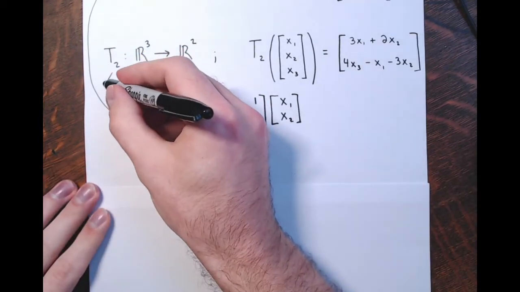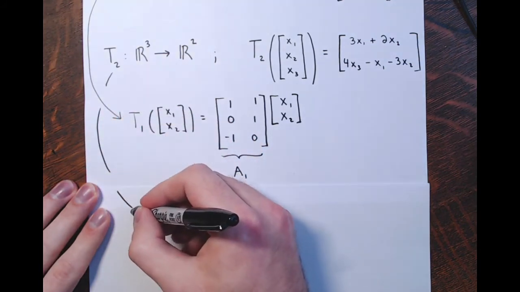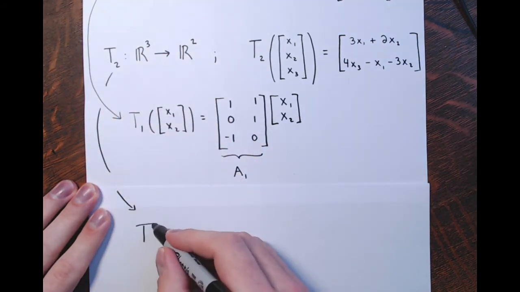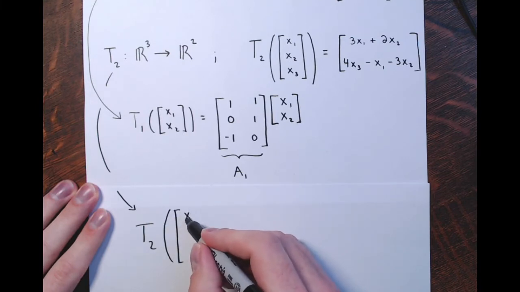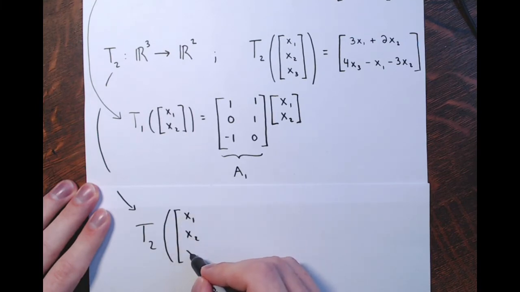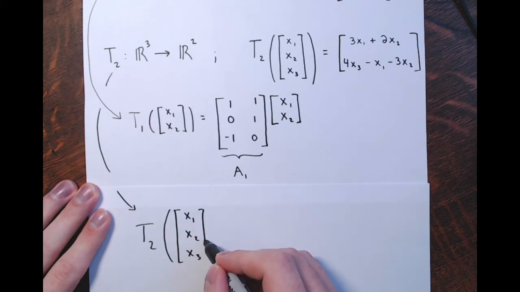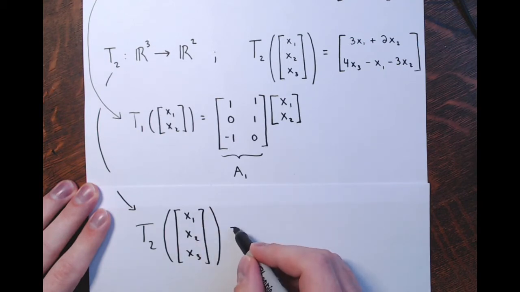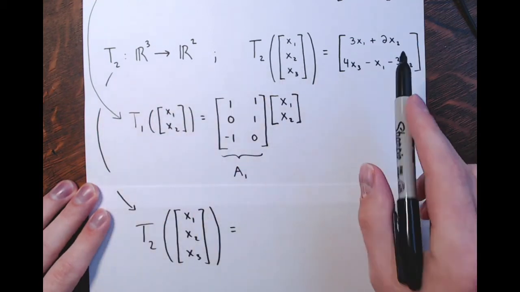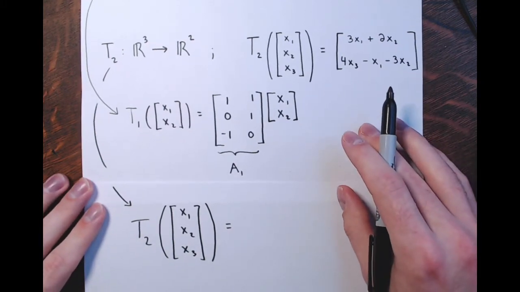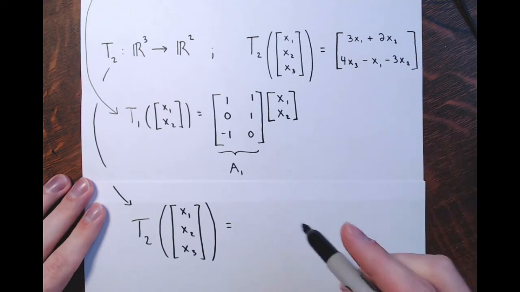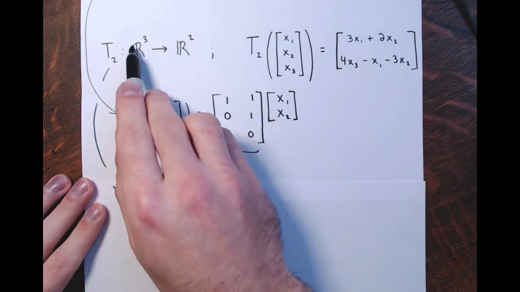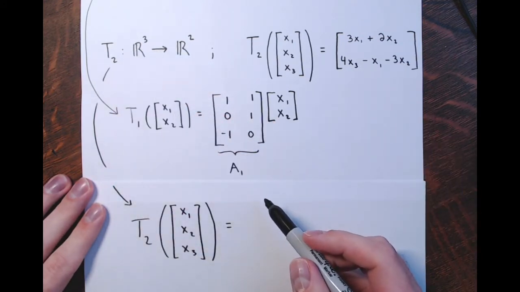And I'll do the same thing for T2. T2 of this, x1, x2, x3, since T2 is a linear transformation, I can express it as a matrix product, a matrix transformation. And I'm going to have a 2 by 3 matrix. Remember the standard matrix.